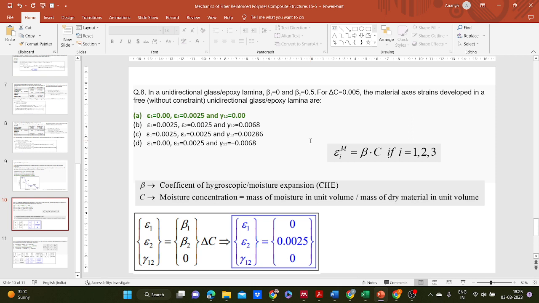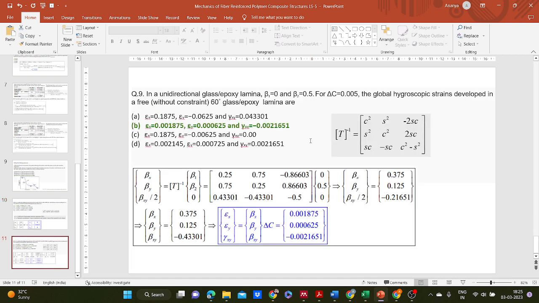And beta, if beta is not given, we have to calculate beta. Beta will be given. No, I think in the question is given only 60-degree angle lamina and he has given only 0.5% moisture. And hygroscopic coefficients means, yeah, beta 1, beta 2 we have to find.